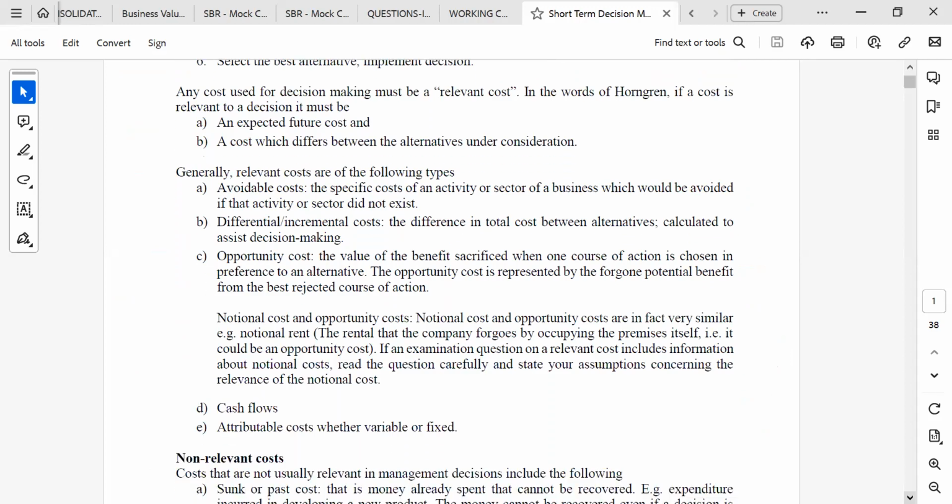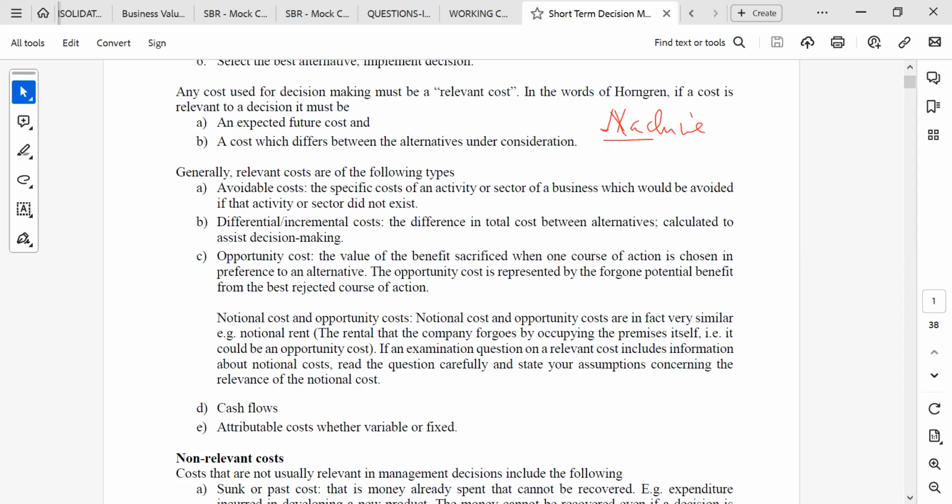Let's come here. We call something notional cost. What do we call notional cost? Notional cost has to do with maybe if you are going to be using a machine.